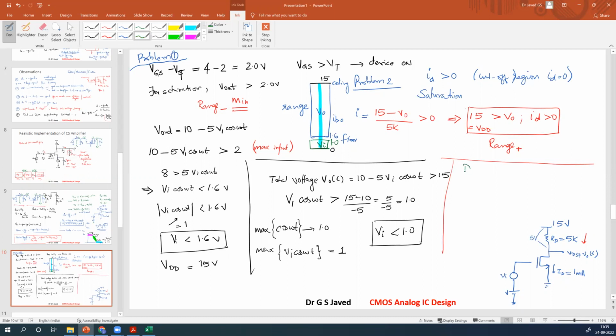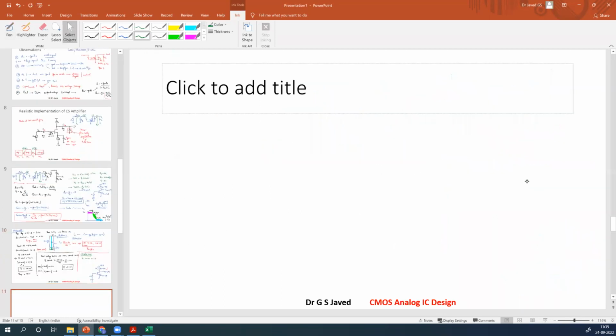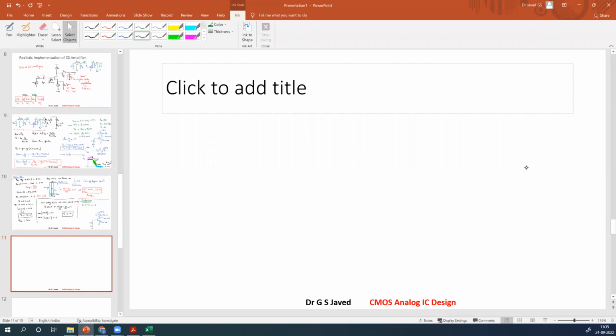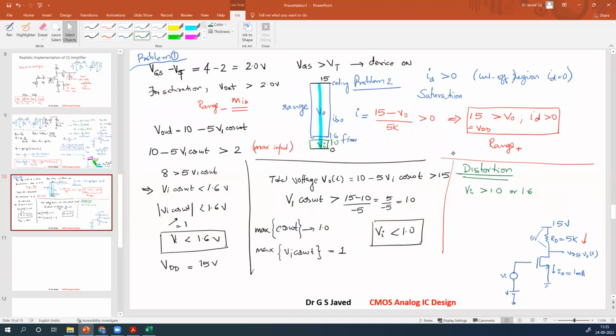Your distortion will begin if Vi is greater than 1.0, or 1.6 also. So some margin you will have, right? You will have some margin to use.